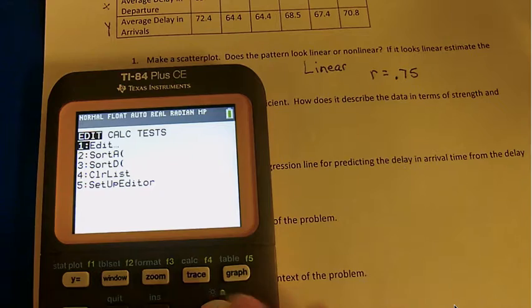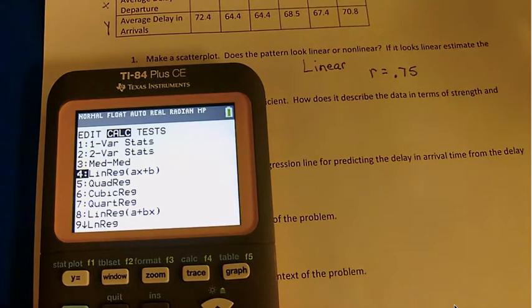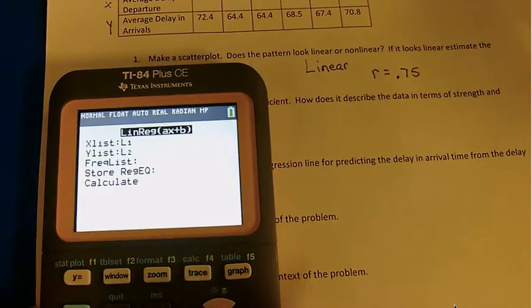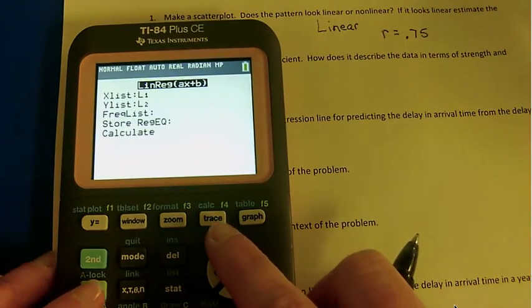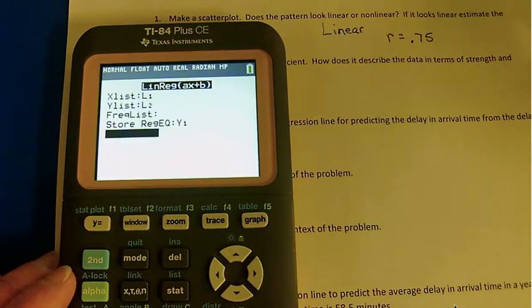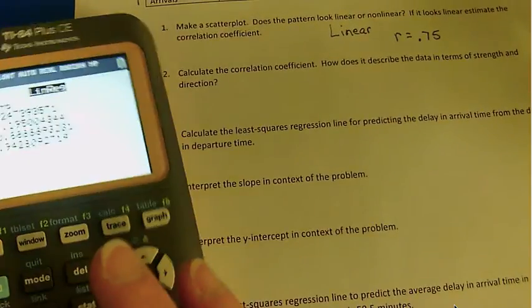So I'm going to press stat again, and this is a calculation. It's under linear regression. And I'm actually going to store my equation in Y1. To do that, I can press alpha trace and store it in Y1. So I have my equation.